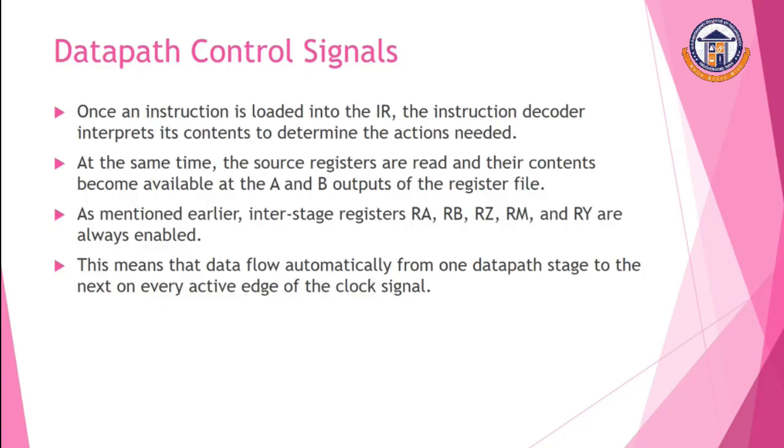When the data enters a register, the register will have outputs, A and B. Through the inputs, RA, RB, RZ, RM, RY are all registers, and these are general purpose registers. Depending upon our need, we can make use of the registers. We have the input to the register and also the output points from the register. We can store the data into the register, and also we can retrieve the data from the register.